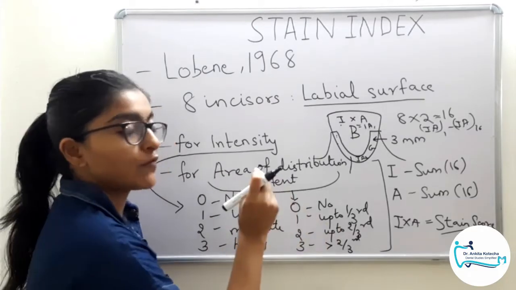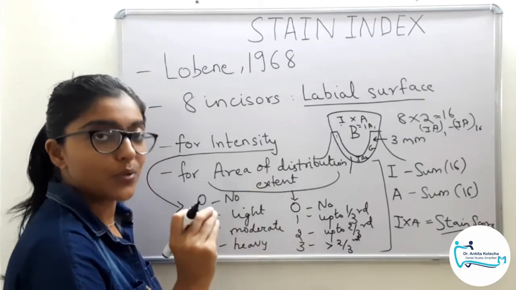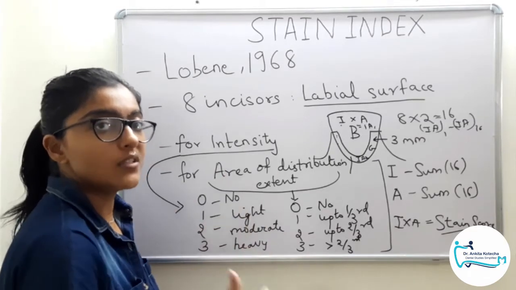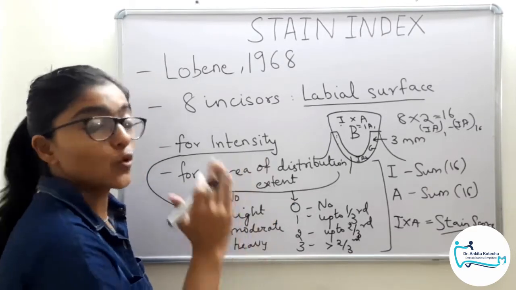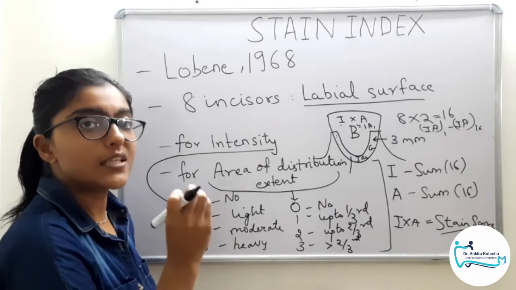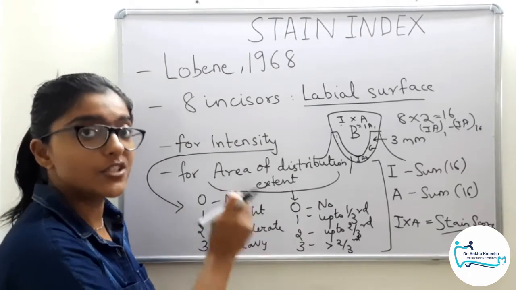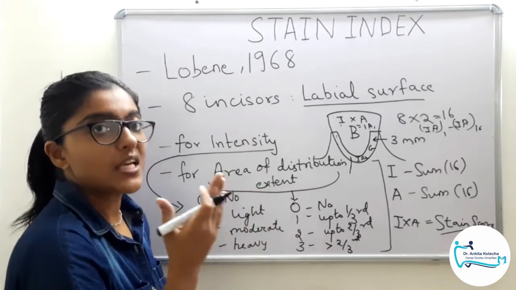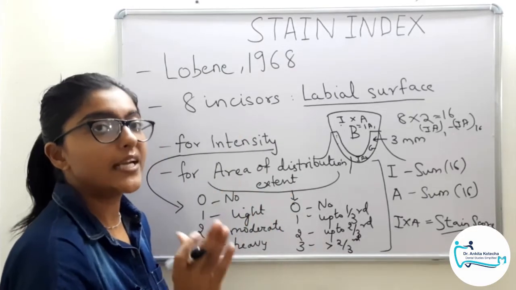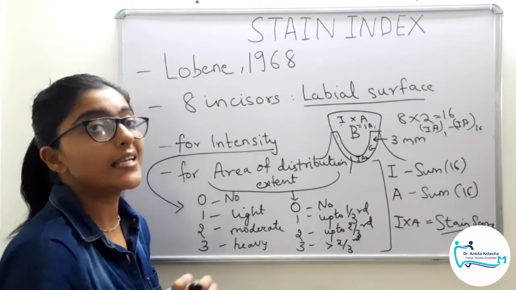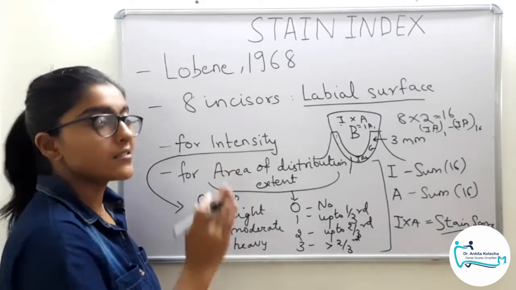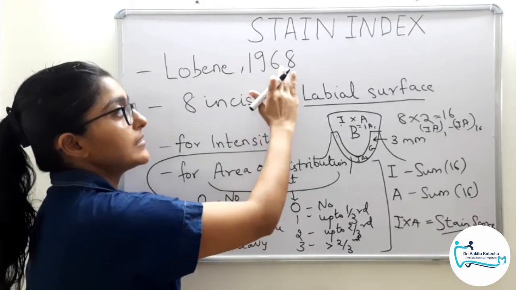Such products are computed for all 16 regions, and these individual stain scores are then finally summed up to get the final stain score for that individual. This is Lobene's stain index given in the year 1968.